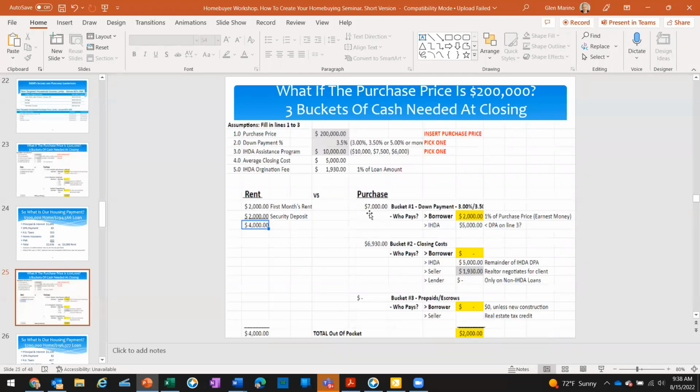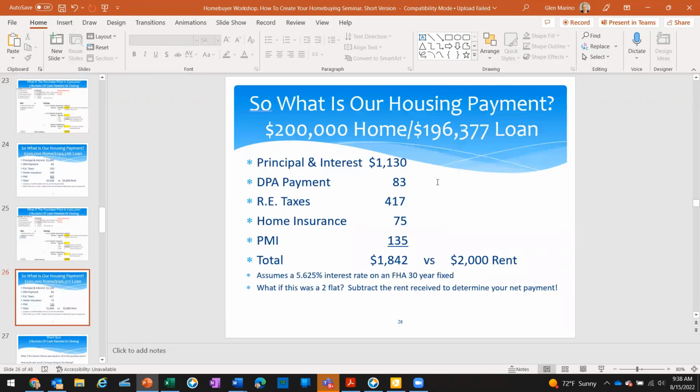So for $2,000, they can buy a $200,000 home, or they can go out and rent and give a landlord $4,000. Not sure why they would do that if you, being the educating realtor, were to give them all this great information. So what do they need in a payment if it is a $200,000 home? Given today's rates of 5.625, the principal and interest is $1,130.